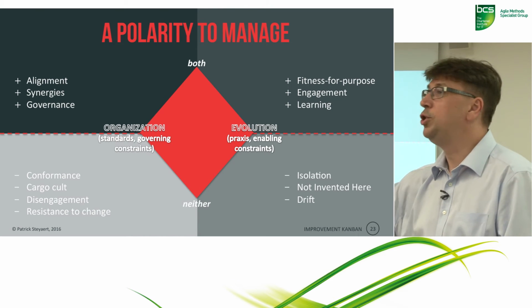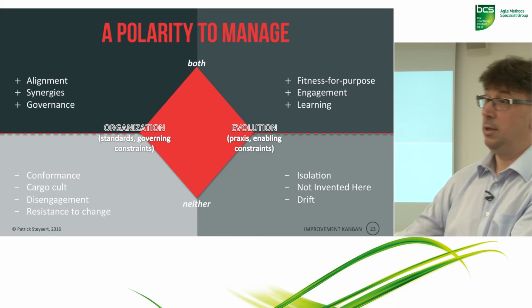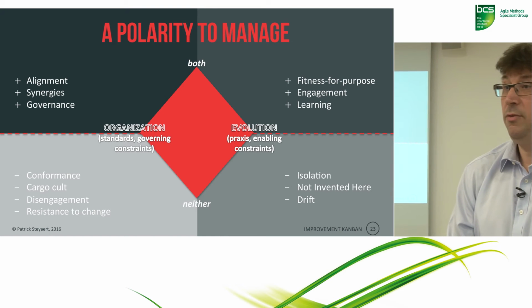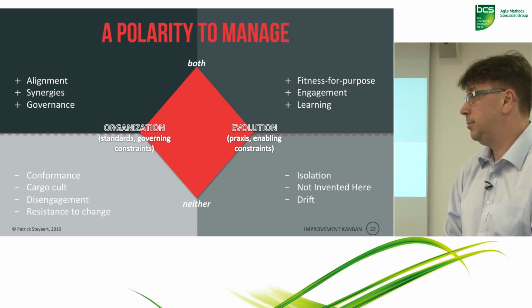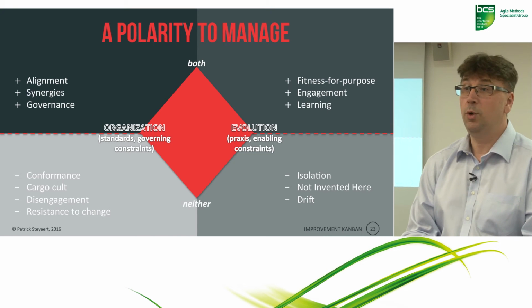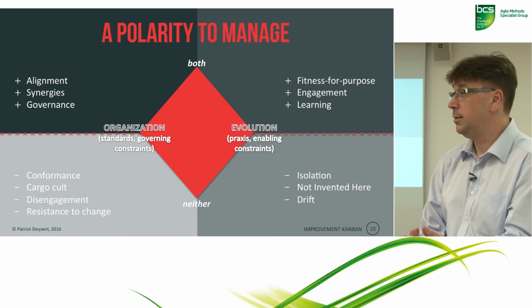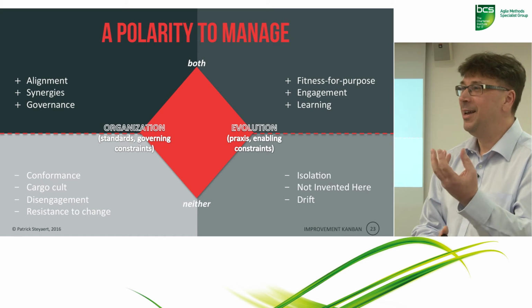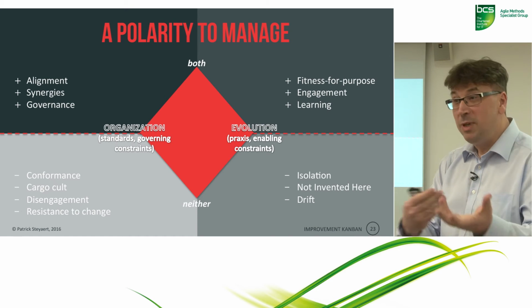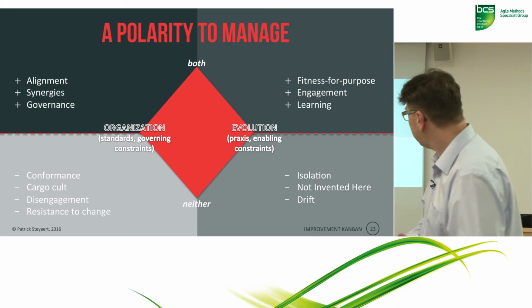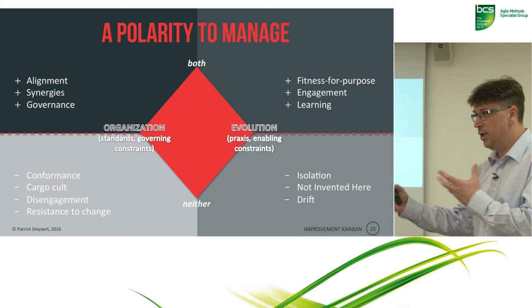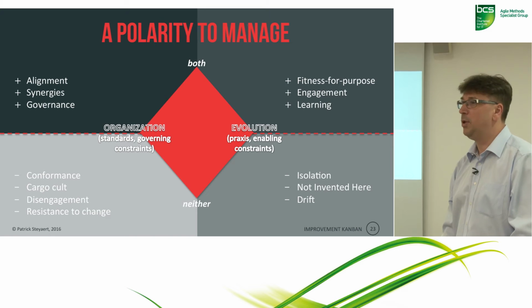But from an organization perspective, you might want to have standards, because teams need to work together, collaborate, or share experiences. So there might be a little bit of a polarity between those two.